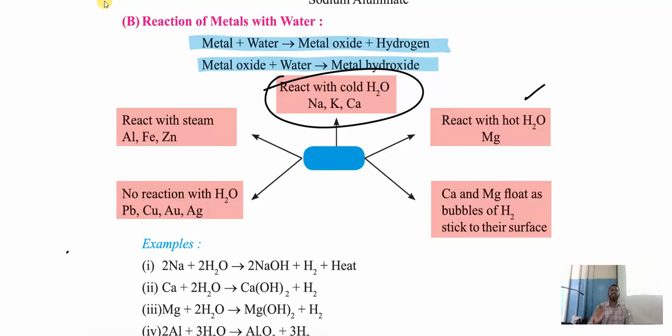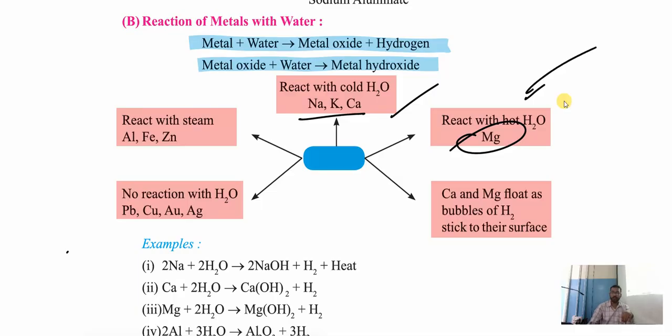Children, these are the key points you have to remember. Which are the metals that react with cold water? Sodium, potassium, calcium. You should not forget these names. Which react with hot water?